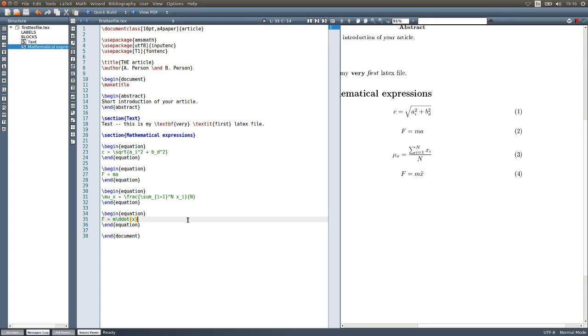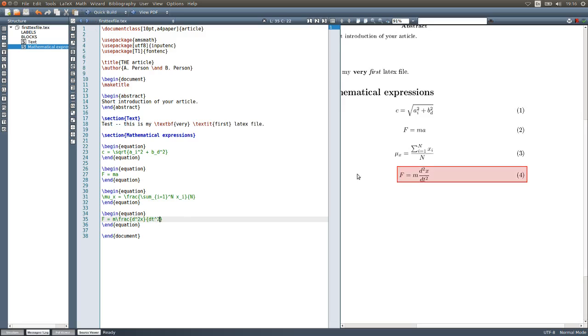But we also might want to write this in the notation of derivatives, expressing the derivatives explicitly. So we can say something like dx dt, second order derivative, and it will show up like this.